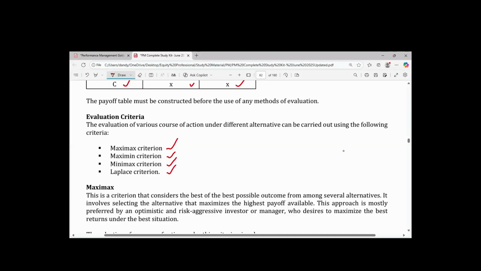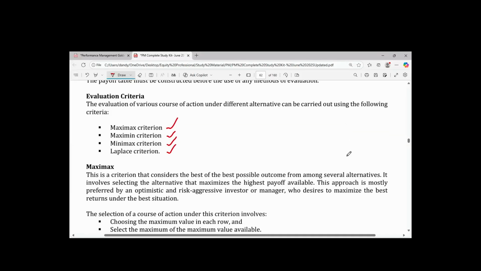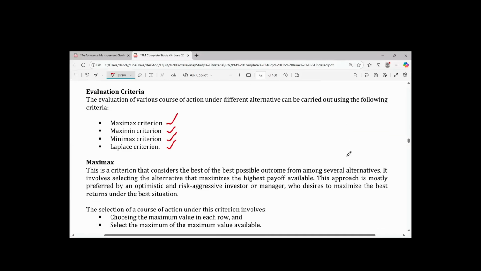What do you mean by Maximax criterion? And when do you use Maximax criterion? The Maximax criterion considers the best of the best possible outcome from among different alternatives. It involves selecting the alternative that maximizes the highest payoff value.